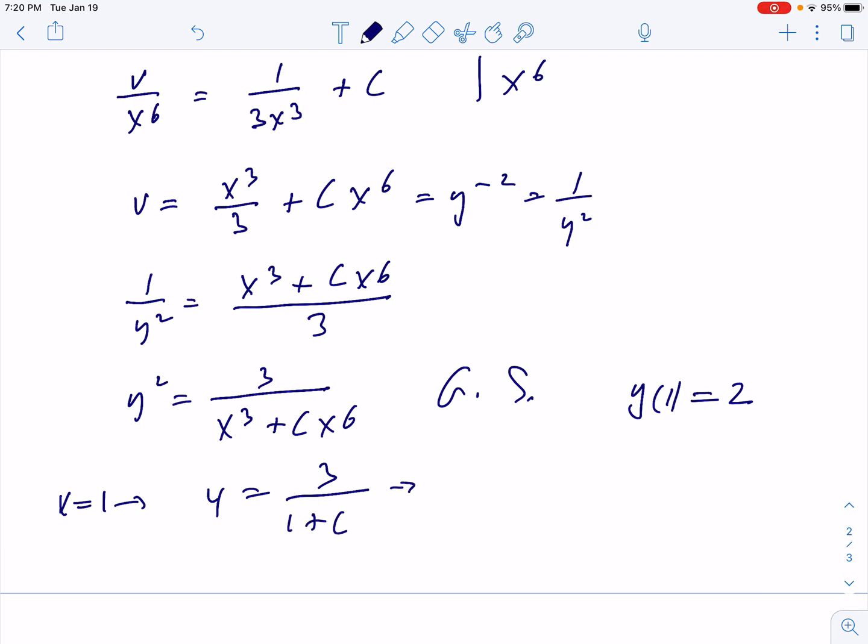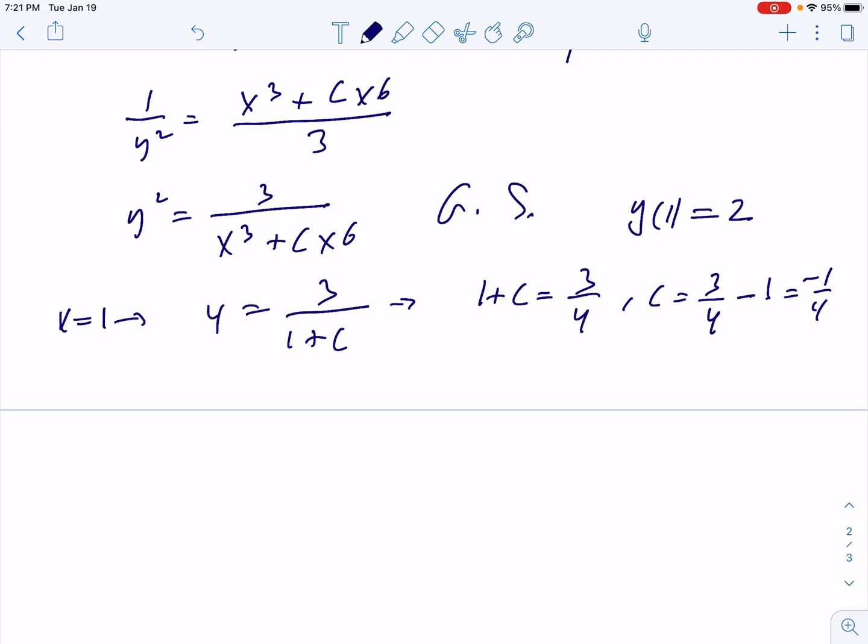From here, 1 plus c equals 3/4, c equals 3/4 minus 1, which is negative 1/4. And we can put this in the general solution and find our particular solution.